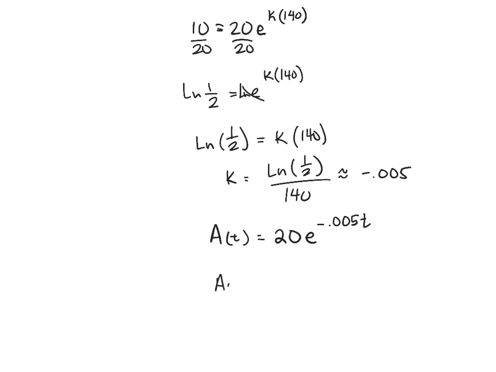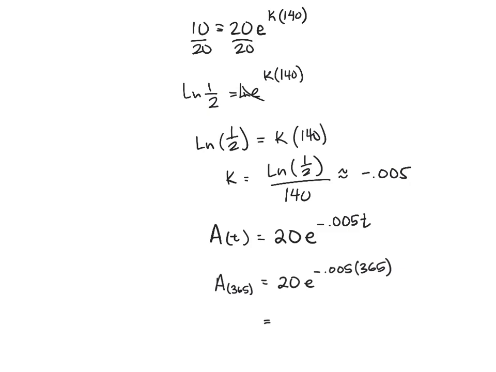So the amount after 365 days is 20 times e to negative 0.005 times 365. And this is not an exponential equation to solve because the variable is not an exponent. What we're finding is just this future amount here, so we just need to evaluate this exponential expression in a calculator.